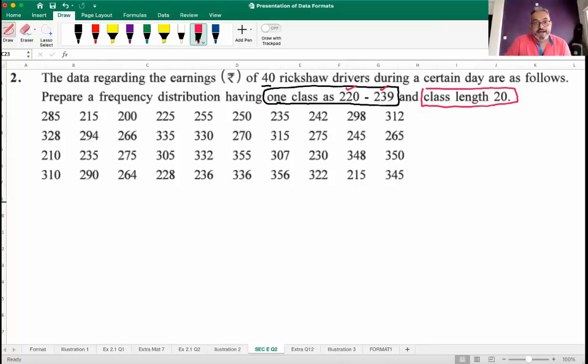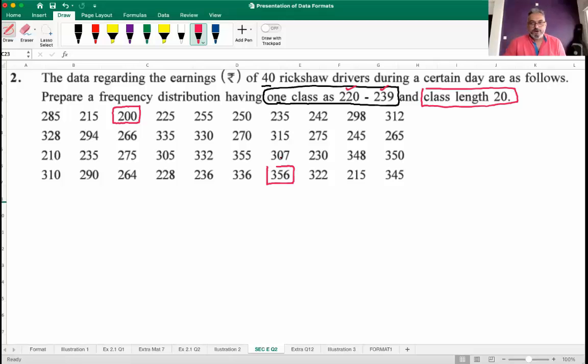Now let's identify the minimum observation over here. What is the minimum observation? 200. 200 is the minimum observation. Okay, here it is. Make a box or a circle, mark it as the minimum. Okay, what is the maximum? 356.